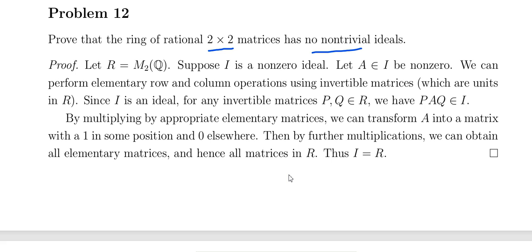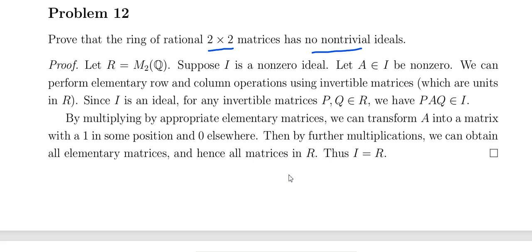Okay, for example, suppose I is a non-zero ideal, so take A belongs to I to be non-zero. Using elementary row and column operations with invertible matrices: since I is an ideal, for any invertible matrices P, Q belonging to R, PAQ belongs to I. So we can transform A into a matrix with a 1 in some position and 0 elsewhere.